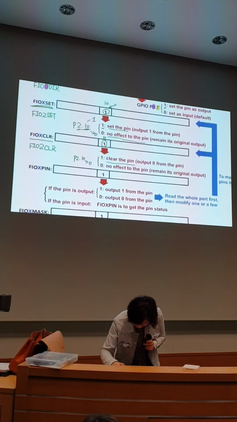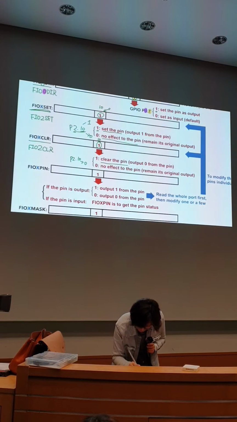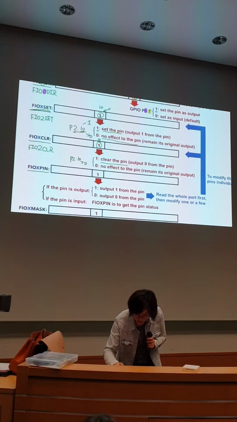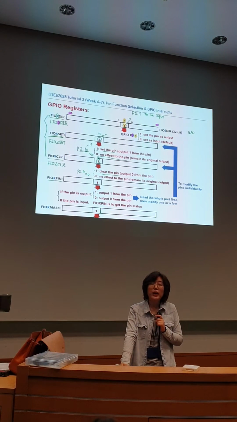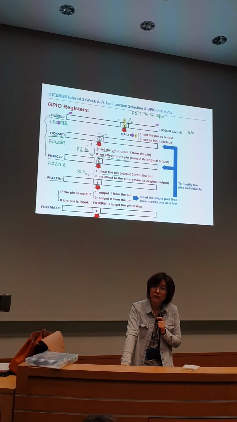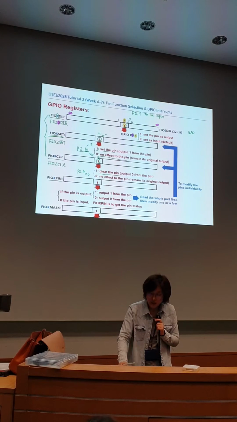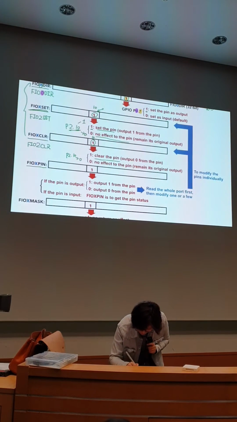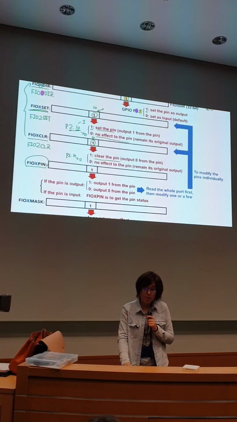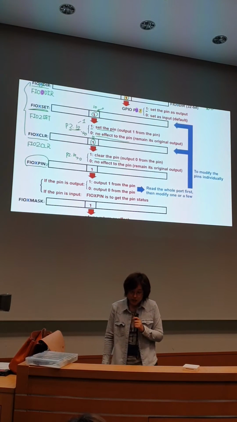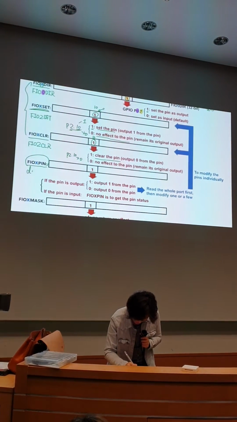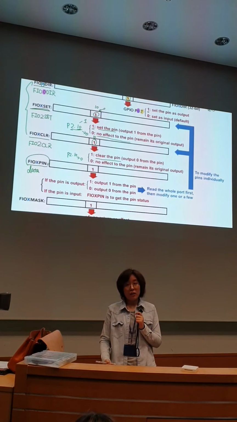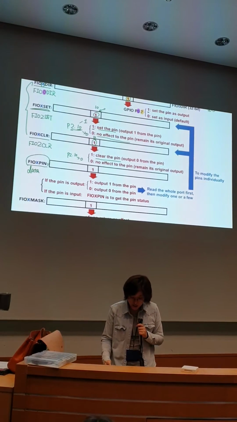And there's another register. So basically, so far, all these 3 are control registers. You can only write to them. And the next one, FIOX pin. This one is a data register, so you can either write or read from it.